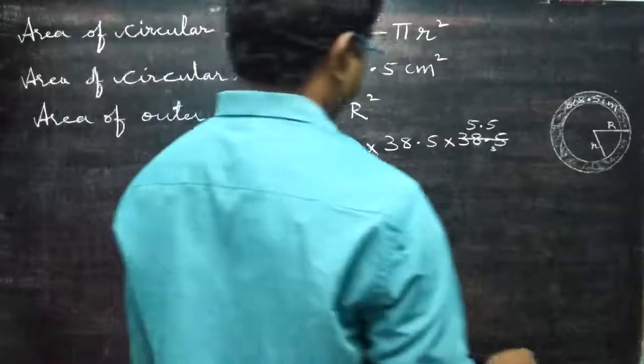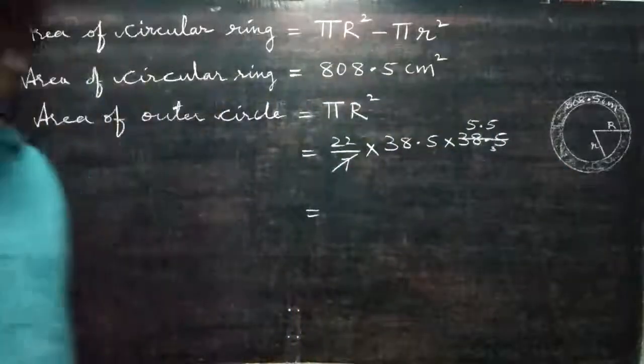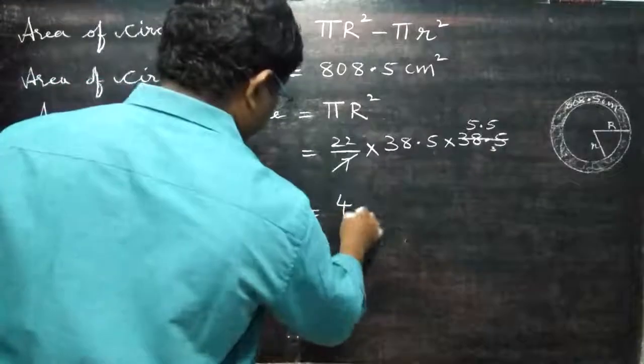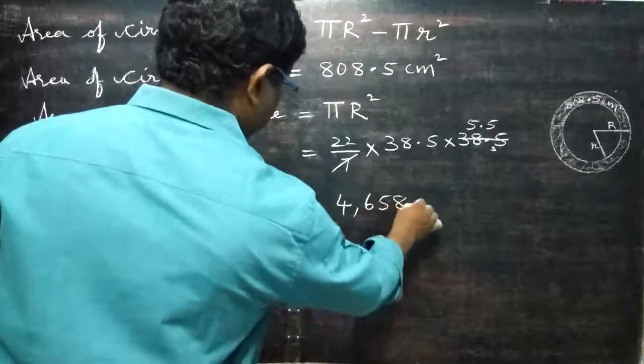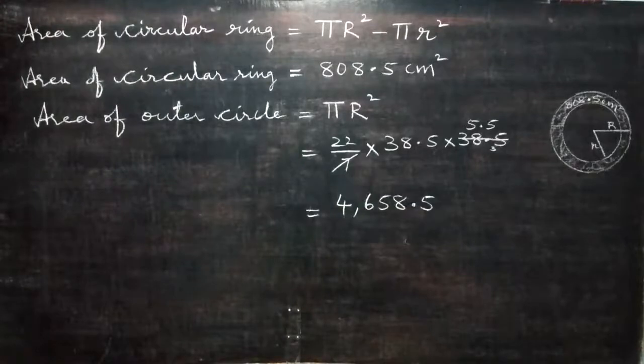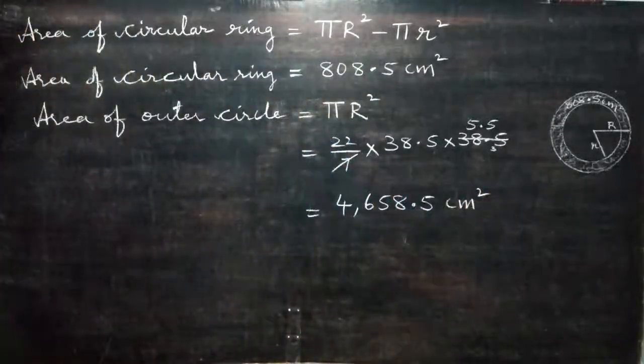Now multiply. When you multiply, how much you will be getting? 4,658.5 centimeters square. Multiply carefully.